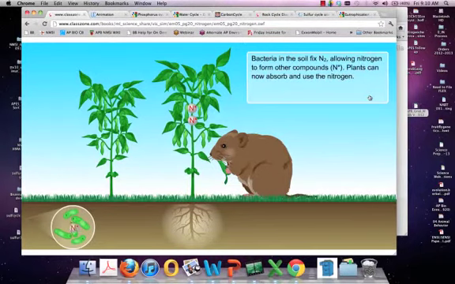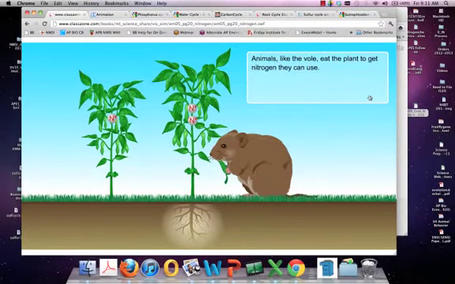Bacteria in the soil also fix nitrogen to form other compounds that can be absorbed as well. And animals like the vole eat the plant to get the nitrogen they can use to build within their own system.